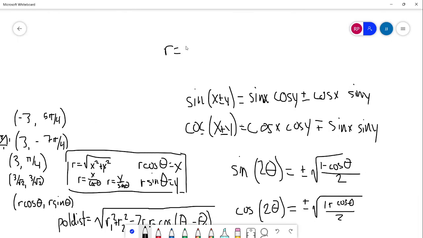You'll just get stuff like r equals 5 secant of theta plus pi over 3 or whatever. And you'll just have to use these. You need to know these kinds of identities to transform secant, for example, into cos.